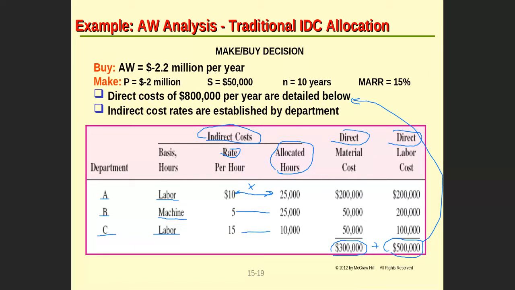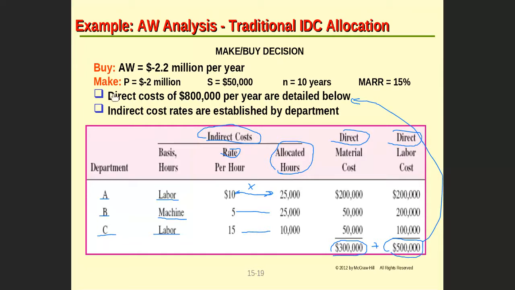This is in terms of the indirect and the direct, but what about those costs? We have to use the annual worth analysis that we have covered earlier in chapter 6 to convert all these values into an annual. The buying option was easily given as one value, which is the 2.2 million per year.